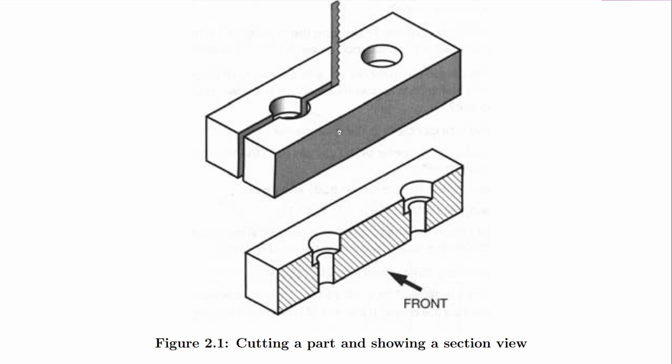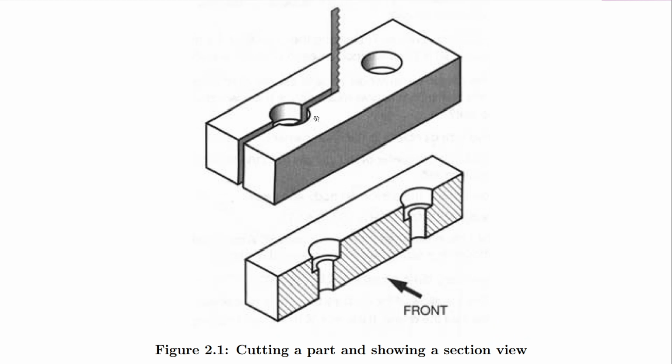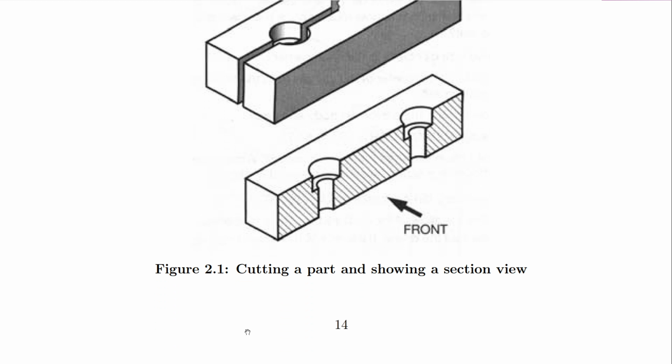If you are to draw the orthographic projection of this object, say from this direction, you are going to have representation of these holes drawn, but use hidden lines to draw them, short dashes to indicate that these features are there. But when you section through them, then those features are revealed. Now you can clearly see how the features look.